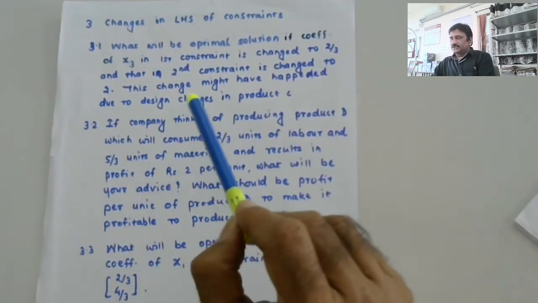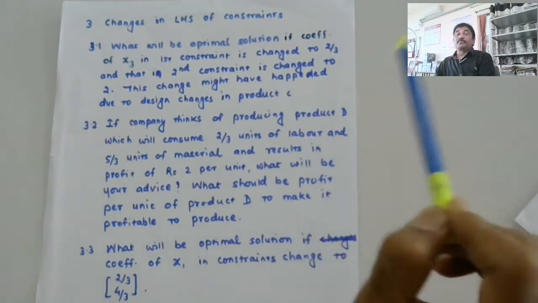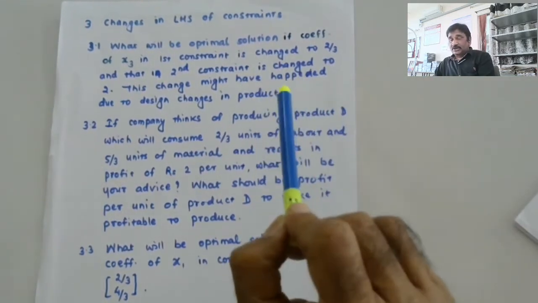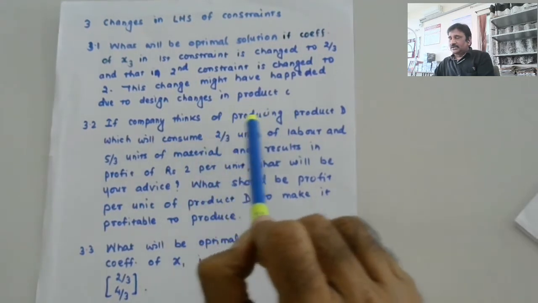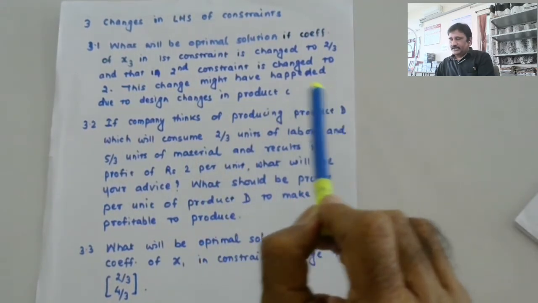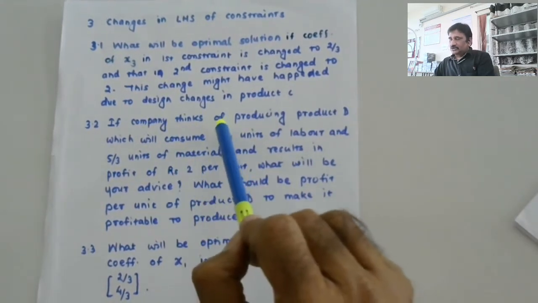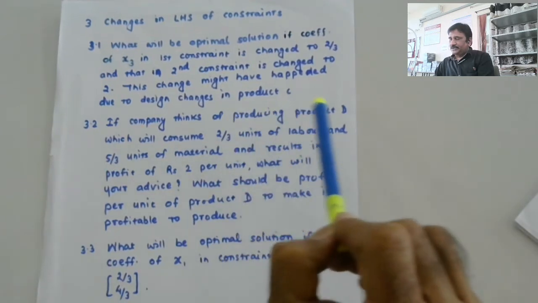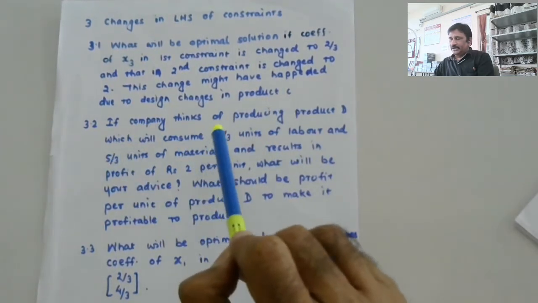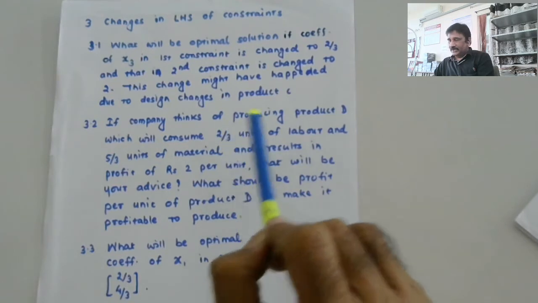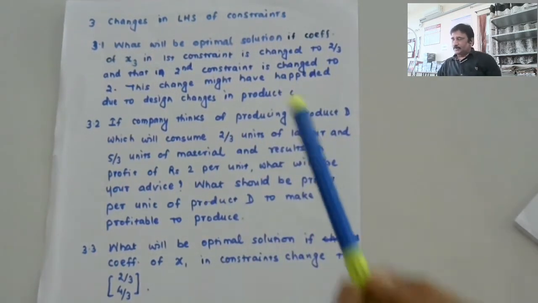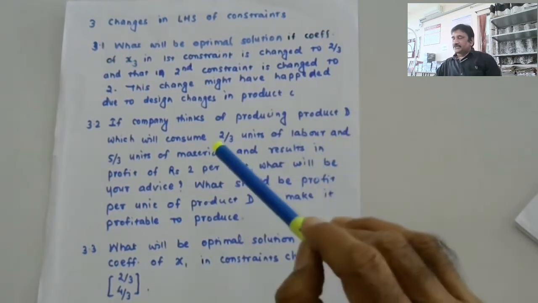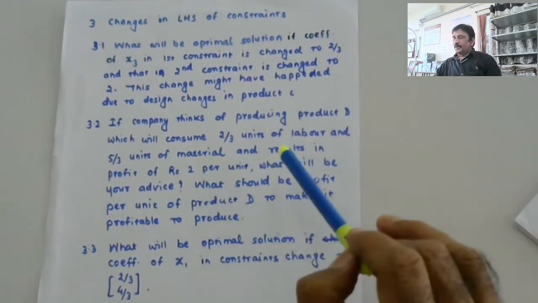Second question is, if the company thinks of producing product D, right now the company is producing A, B, and C. Now there is an idea of producing product D, which will require 2 by 3 units of labor and 5 by 3 units of material, and results in profit of rupees 2 per unit.